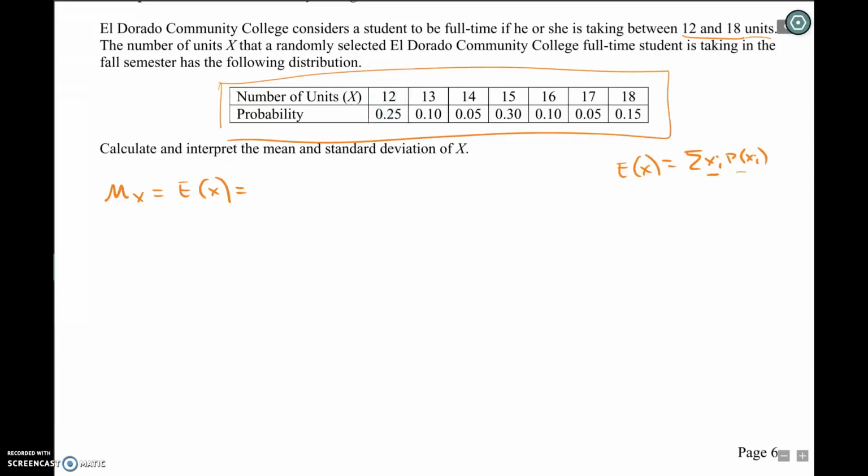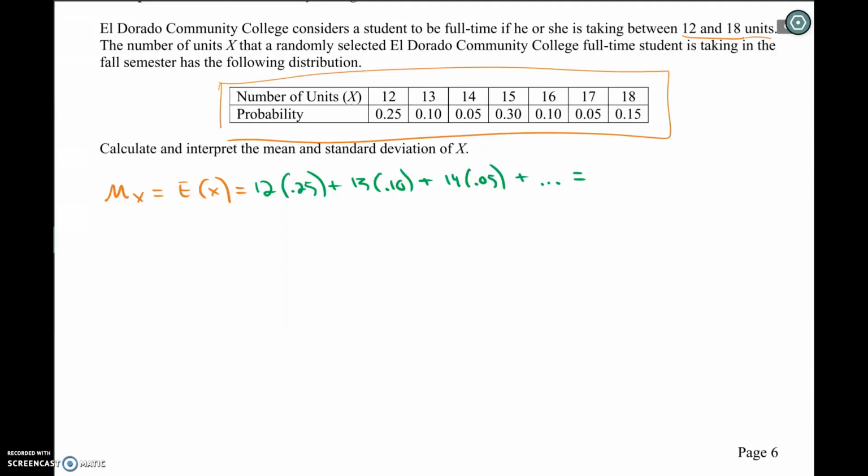So we're going to show our work. We're going to take 12 times 0.25 plus 13 times 0.10 plus 14 times 0.05, and you can keep going with this if you want to, but I'm showing my work, so I'm going to go plus dot dot dot. If you want to do it by hand, type them all in on your calculator that way.